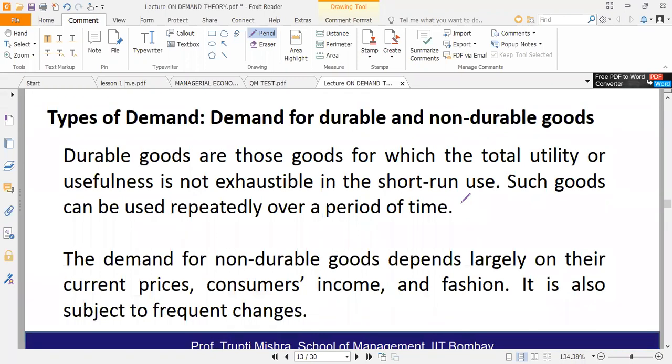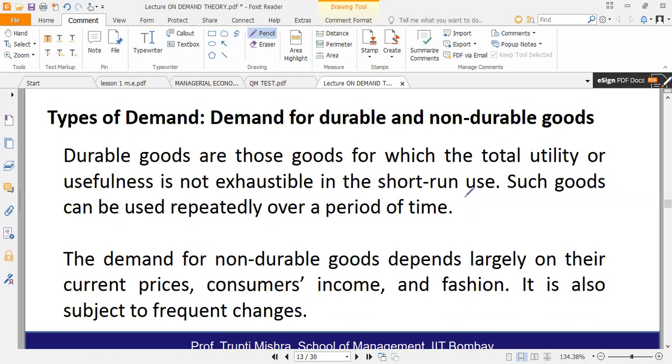Now, we've talked about the types of demand. We eventually go to talk about the types of goods. Now, we have what we call durable and non-durable goods. The durable goods are simply those which the total utility or the usefulness is not exhaustible. These are goods which you cannot exhaust the demand in the short term. I'll give you examples later on.